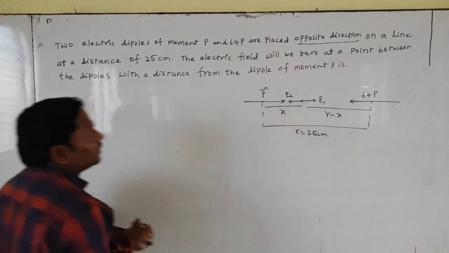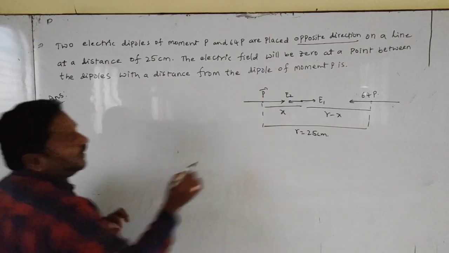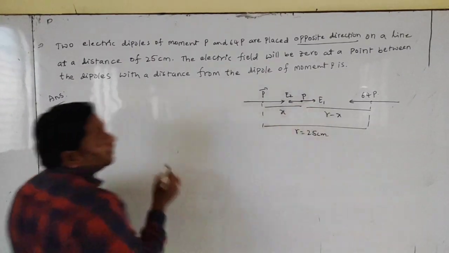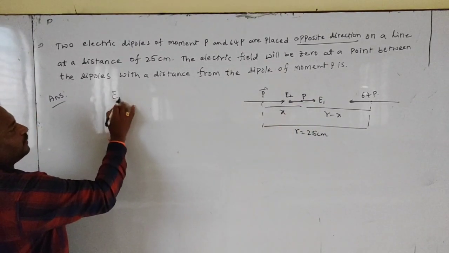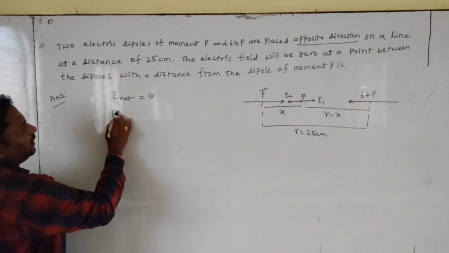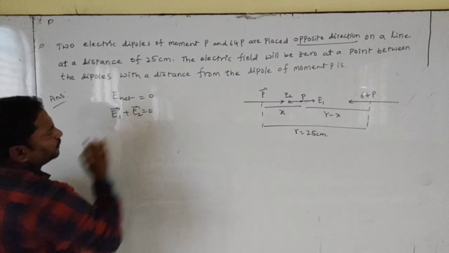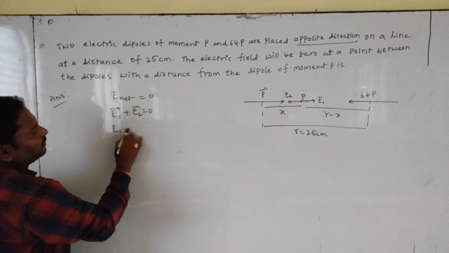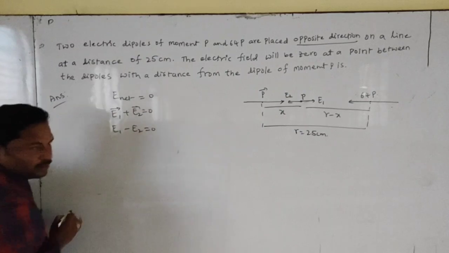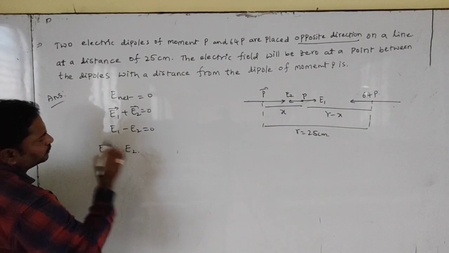Let's say at this point the net electric field is 0. Then E1 bar plus E2 bar equals 0. That means E1 minus E2 equals 0, so E1 equals E2.